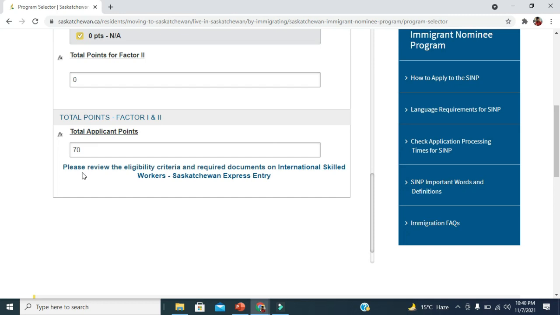But if your score is below 70, then you need to increase your score to 70, because anything below 70 is not very likely to get invited. Obviously, luck will play a role if your score is below 70, but in my opinion, you can create your expression of interest, but you should always try day and night to increase your score to this mark here.